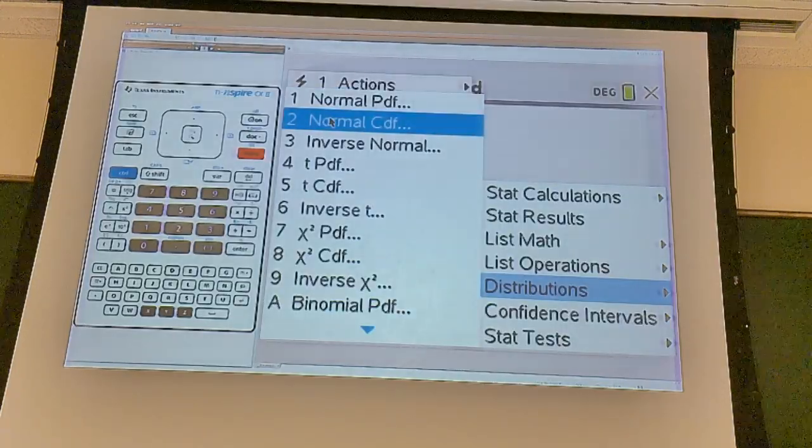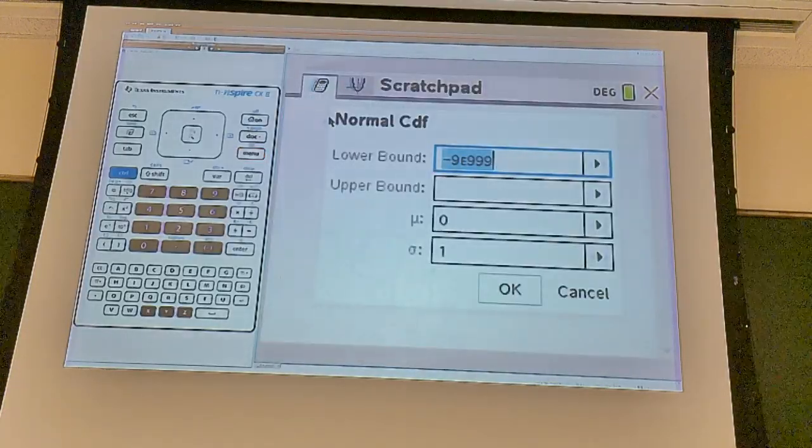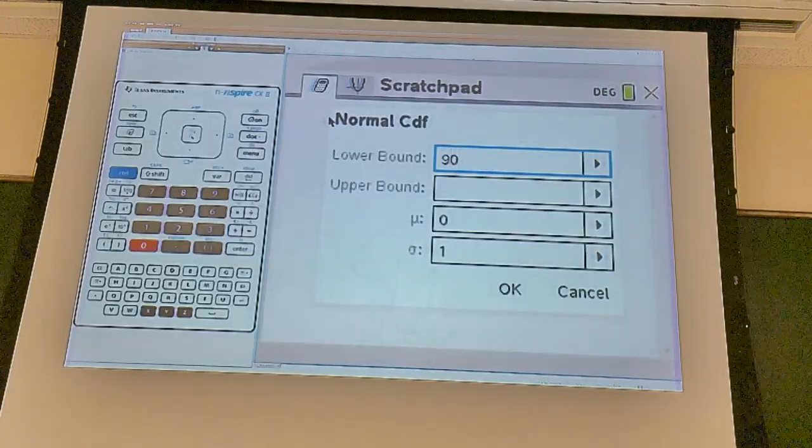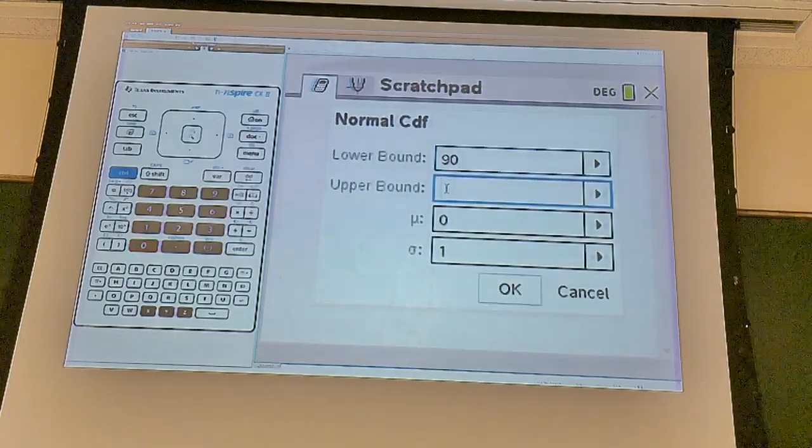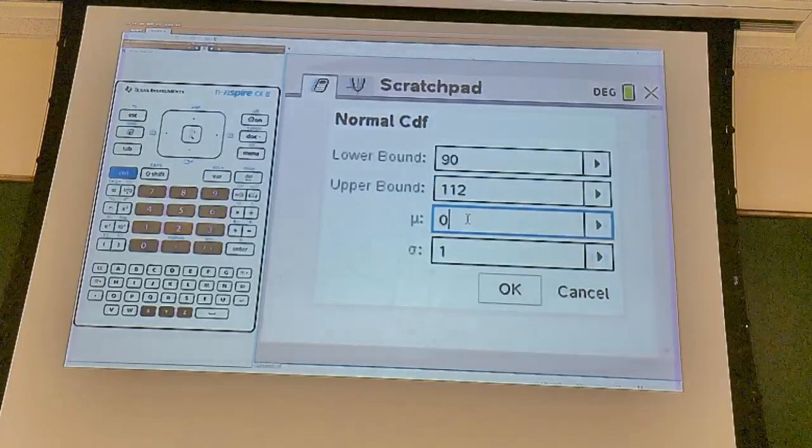Now again, this is for my calculator. You have to find where your distributions are in your calculator. They gave us a lower bound, right? It was between 90 and 112. But what's the mean?